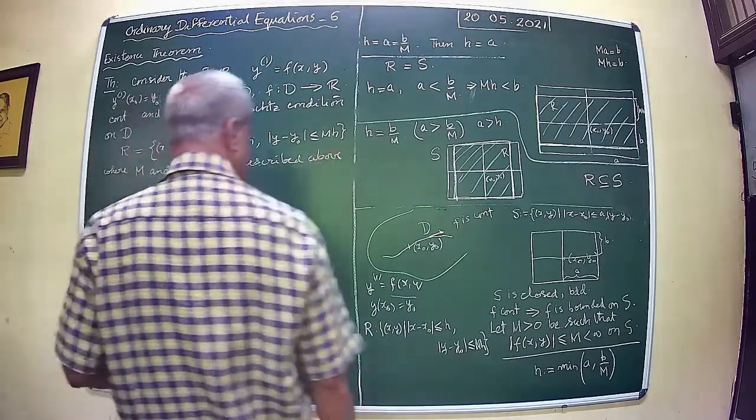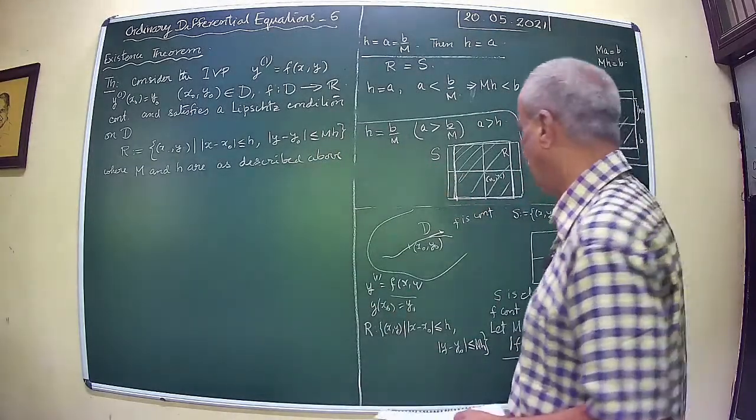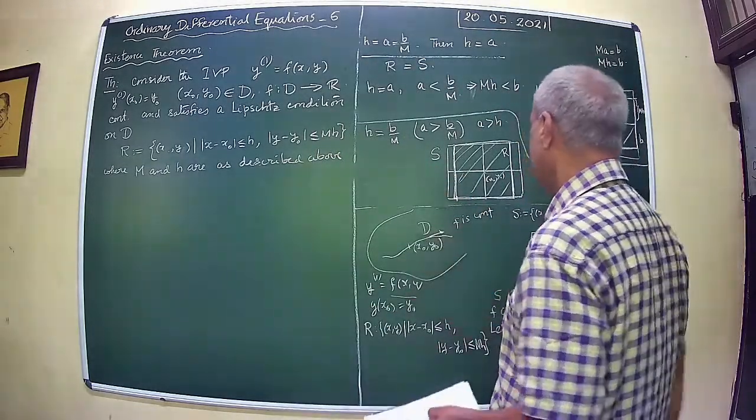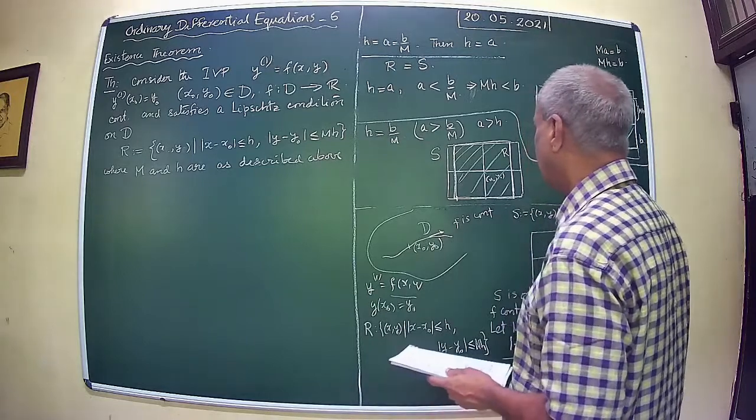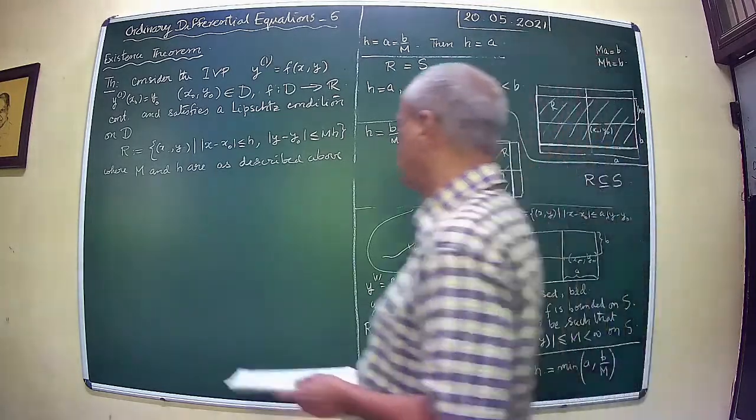That is, you start with an S on which M is the bound, and h is given by minimum of a and b/M.